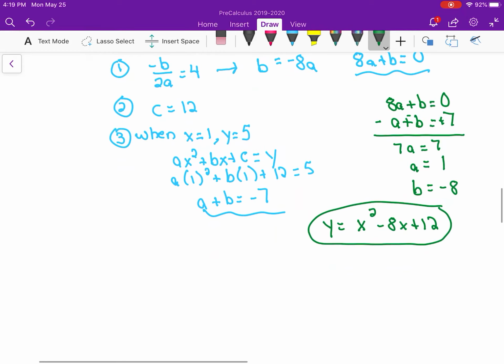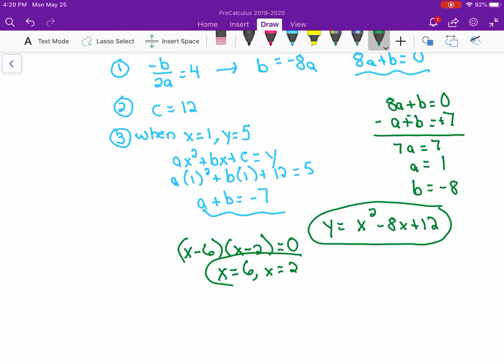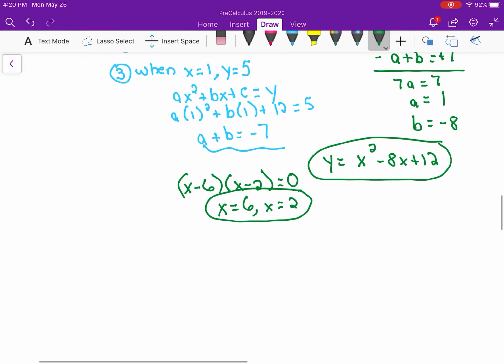Find the roots. In order to find the roots, we would just say what multiplies to 12 and adds to -8, and that would be -6 and -2. Set each one equal to 0, so x equals 6 and x equals 2. Those are my x-intercepts or roots. And the last part of this question says find the minimum value the model takes.